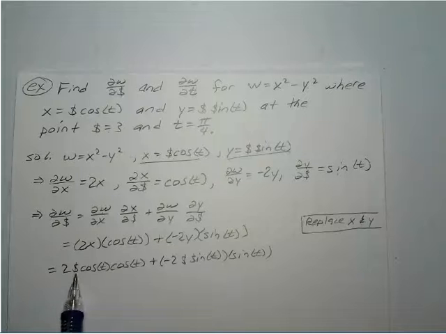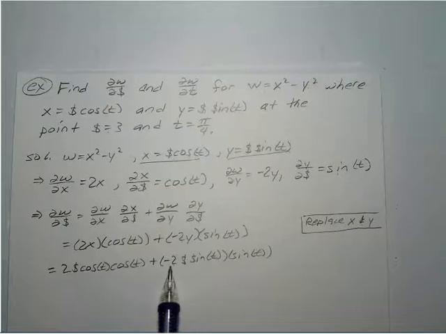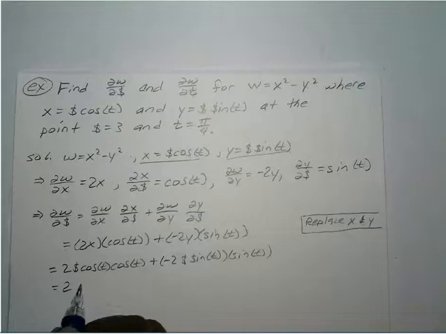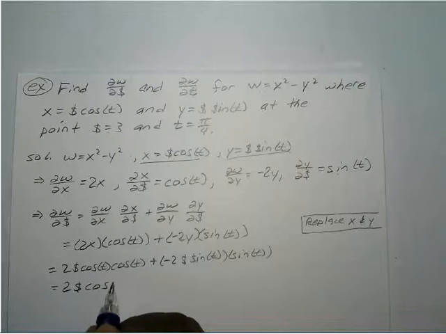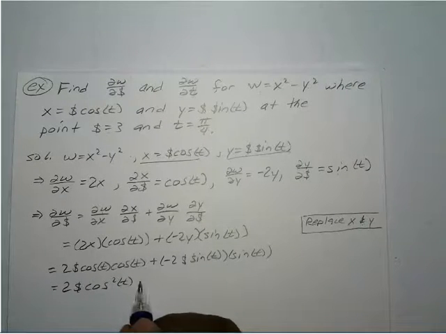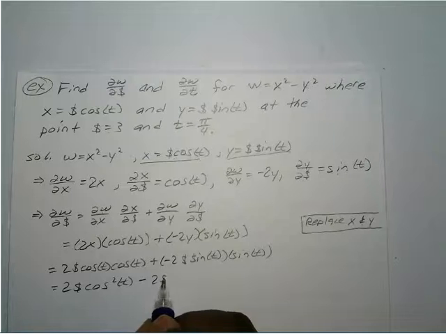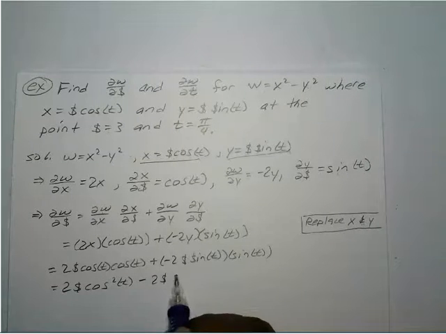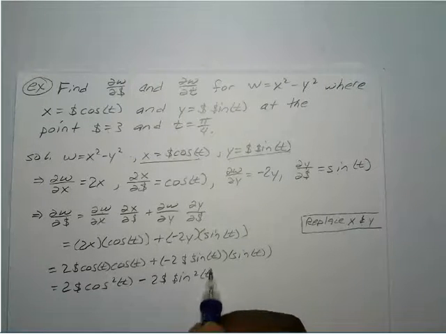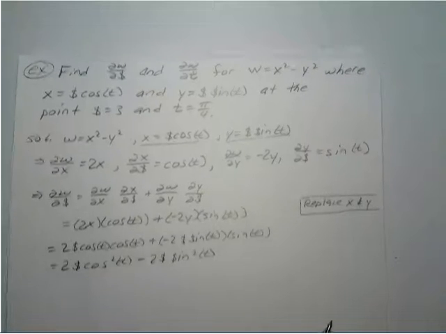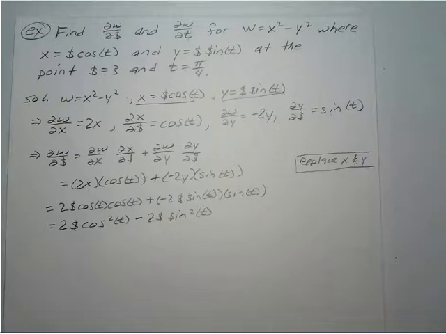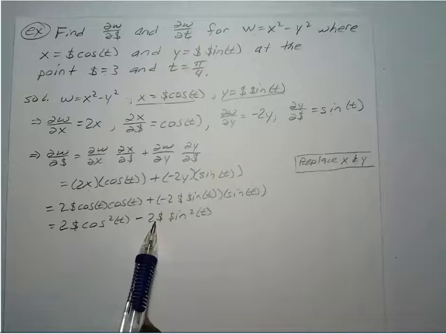Okay, so you have 2s cosine squared of t minus 2s sine squared of t. Okay, so if we want to factor out the 2s, we can.